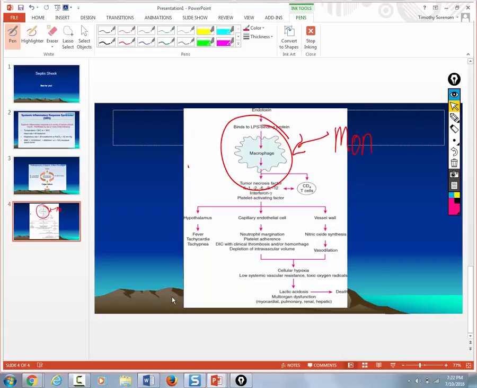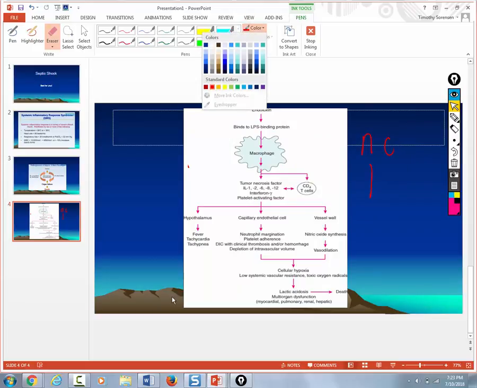When you get an infection, when you get sepsis, you're going to have white blood cells. These white blood cells are called monocytes. And when monocytes encounter a pathogen, they get turned on and they become macrophages. Macrophages are activated monocytes. Tell me you got that.